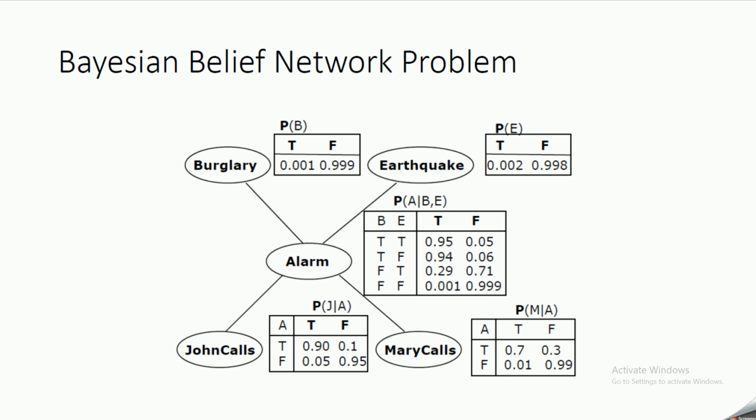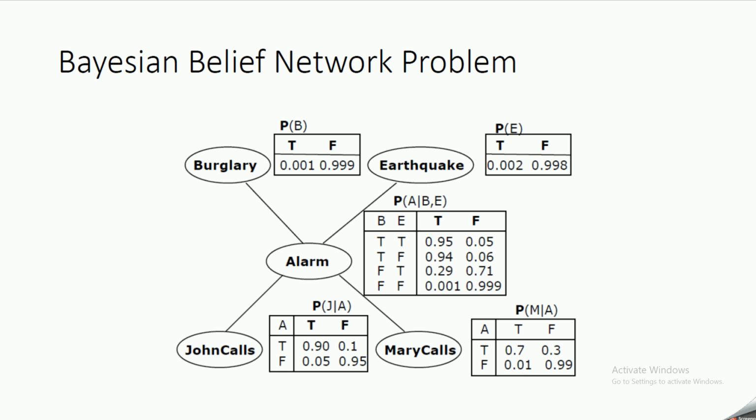I'll brief you on the situation of this particular problem. There is a person who goes out, and there is an alarm present in that person's house. That person has two neighbors, John and Mary.